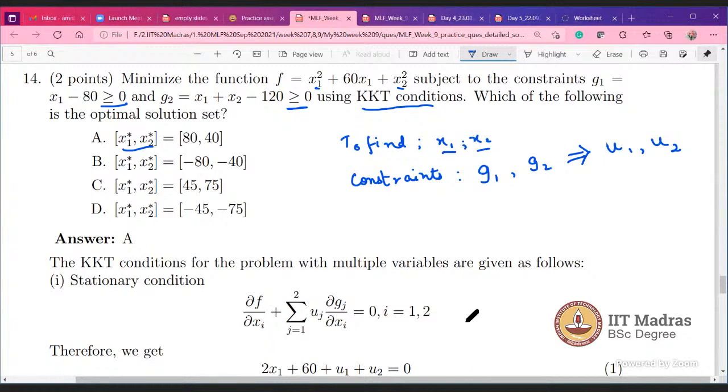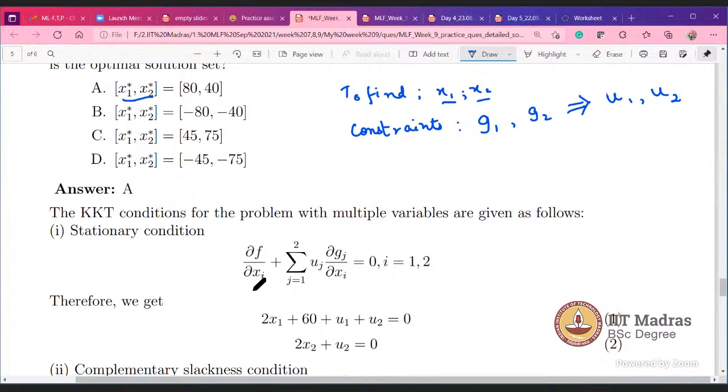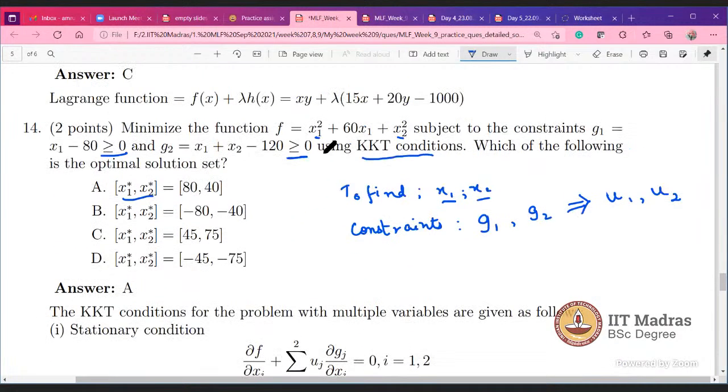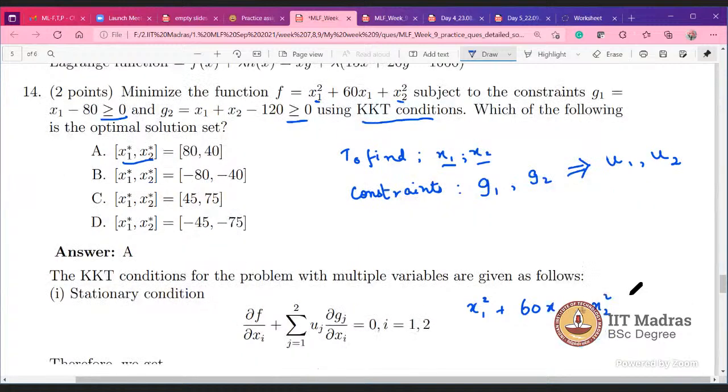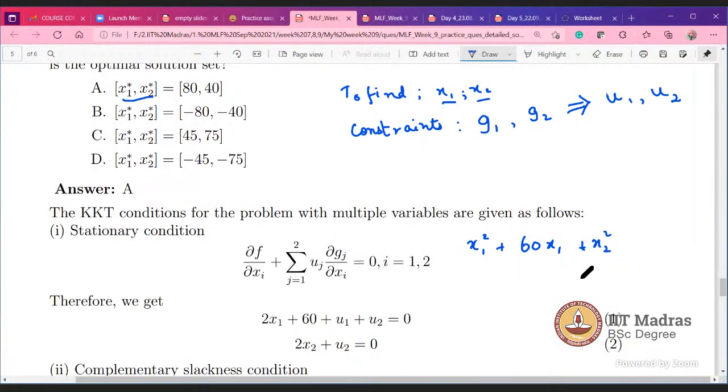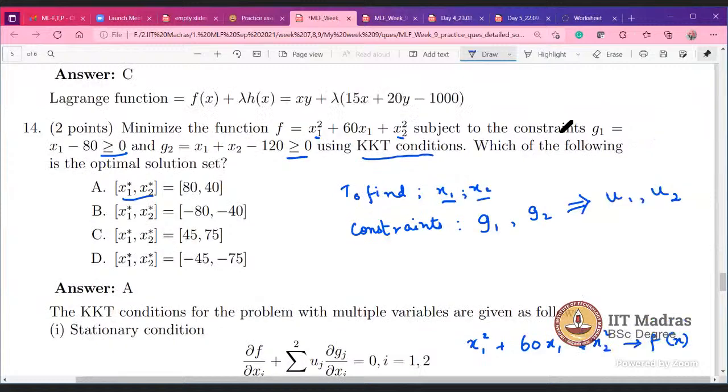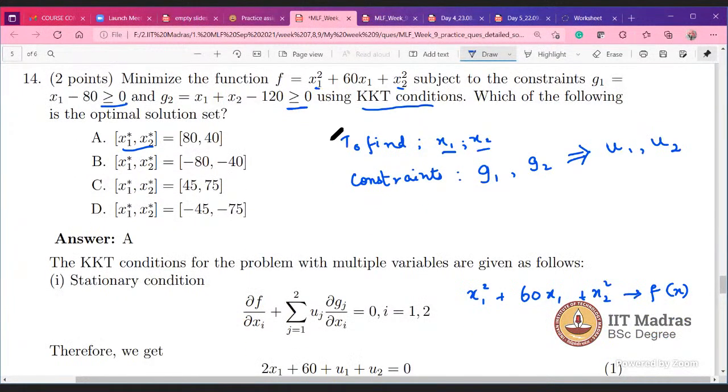For the first equation, you differentiate with respect to x1. We have the equation for f of x, which is x1 square plus 60x1 plus x2 square, and let us write g of x also. g1 is x1 minus 80, so x1 minus 80 is equal to G1.